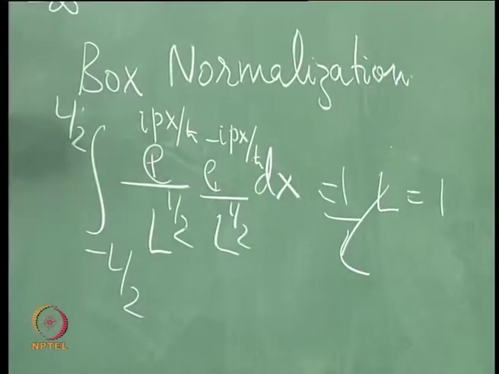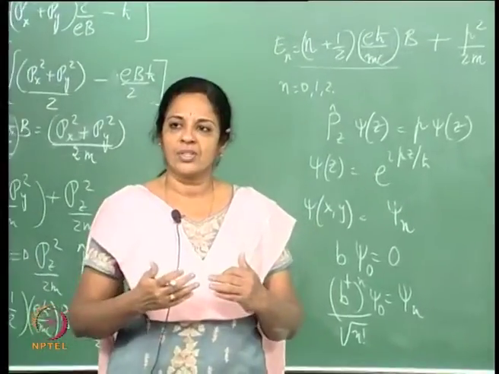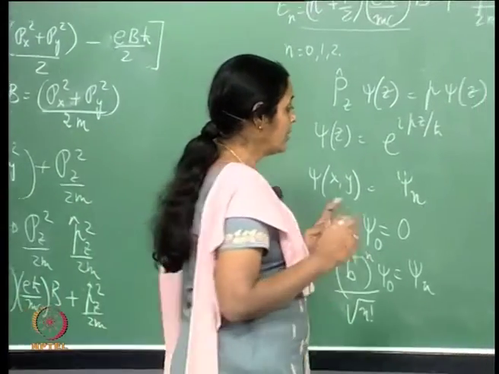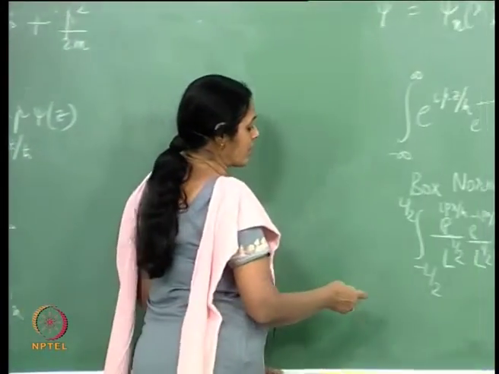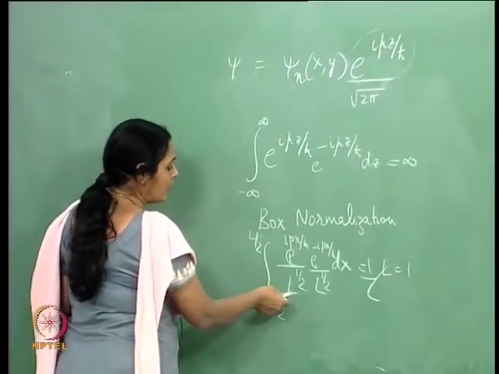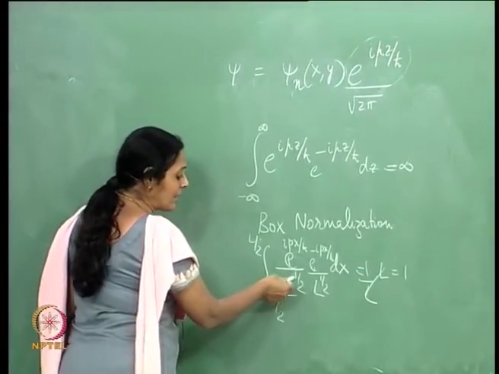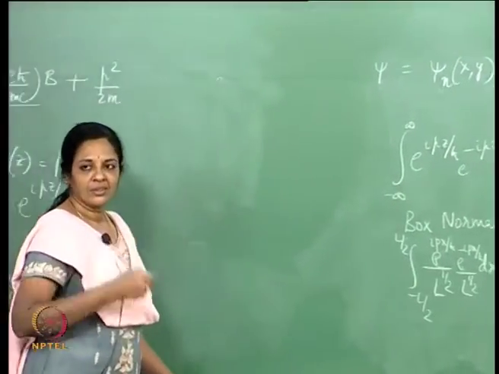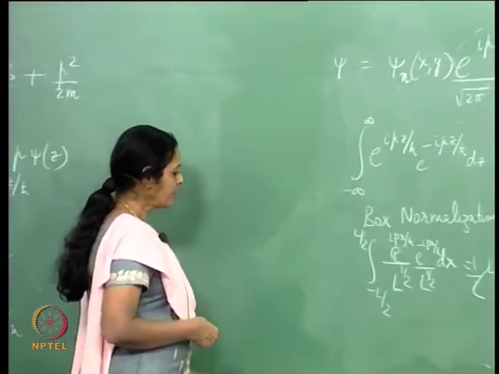I've done it for 1 dimension, otherwise x, y and z go from minus L by 2 to L by 2, and in each case you pick out an L to the minus half, and therefore the box normalization involves dividing by L to the half for each dimension that you look at.